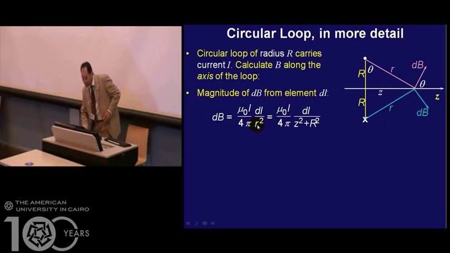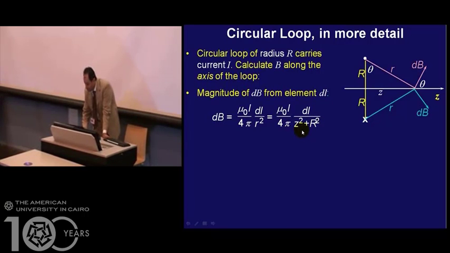This is just the application. Now look at that triangle, with r, z, and small r. In that triangle, I'm going to replace r by its value, which is the square root of r squared plus z squared. So replace it by r squared plus z squared.